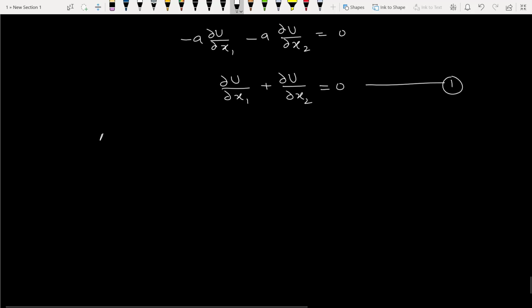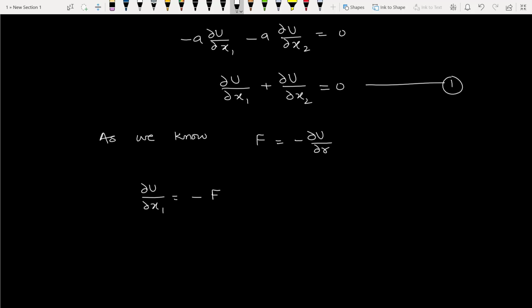So as we know, force F can be written as minus the partial derivative of U with respect to r. So here ∂U/∂x1 on the basis of this can be written as minus F12, the force acting on mass m1 by mass m2.